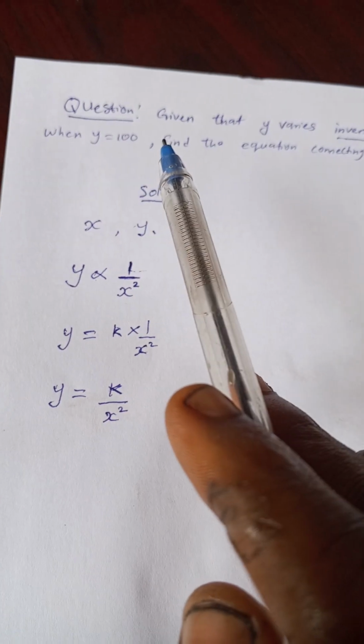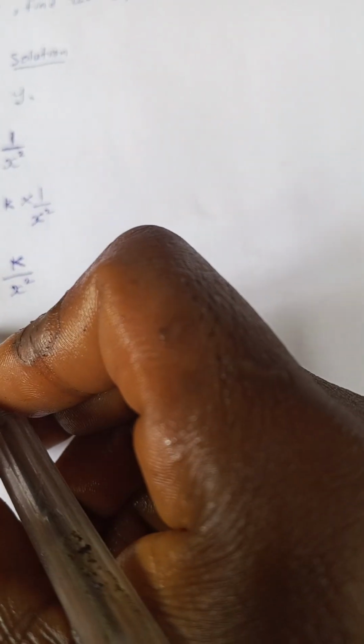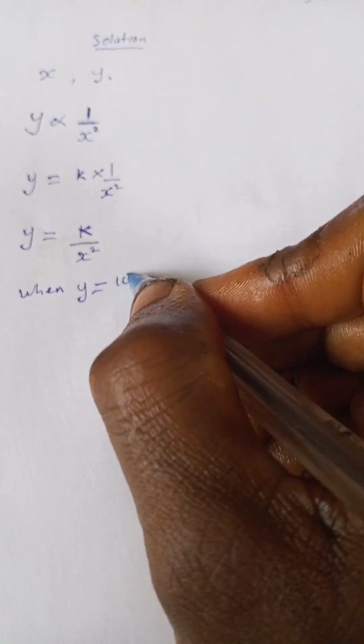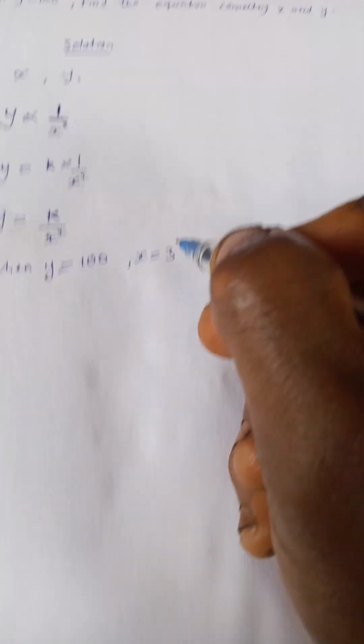Now the second part says, if x equals 3 when y equals 100. So when y is equal to 100, x is equal to 3.